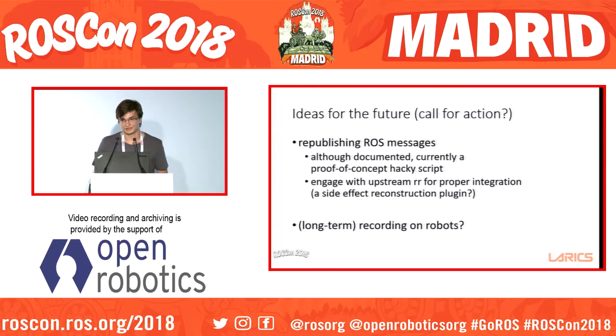So there are some ideas for the future. There is a GitHub link at the end of the presentation, so you can try this out for yourself. Things are a bit proof of concept and hacky currently, but it would be nice if we engaged with upstream RR.